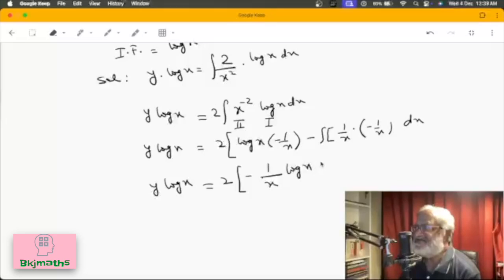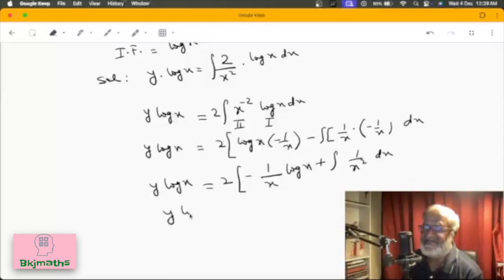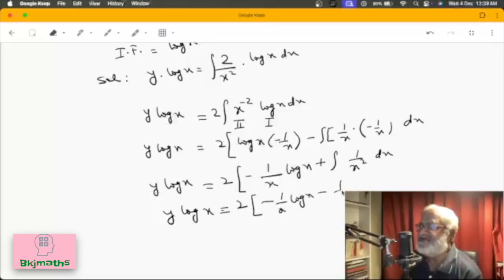So write like this, plus integration of 1 upon x square dx. So y log x equals 2 into minus 1 upon x log x. Integration of 1 upon x square is minus 1 upon x plus c.